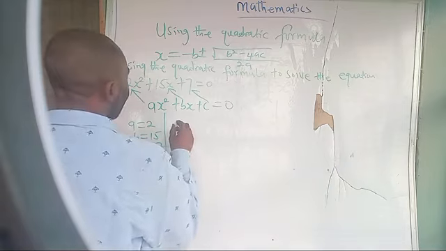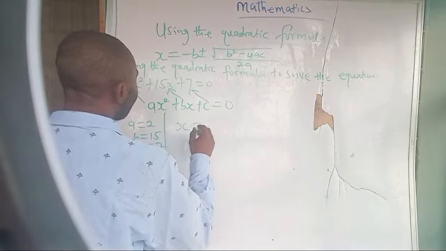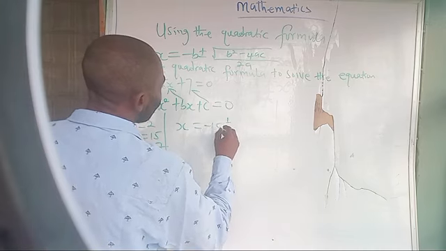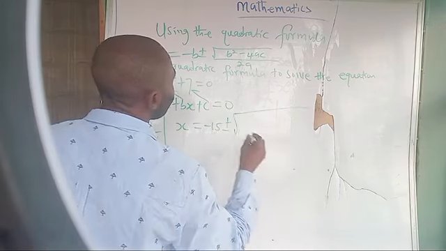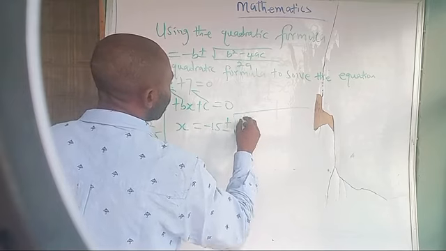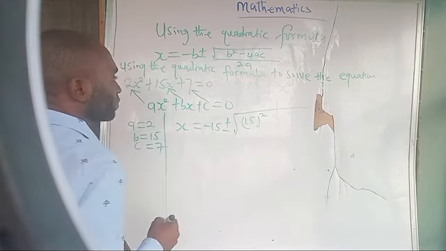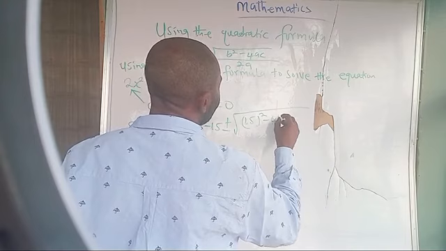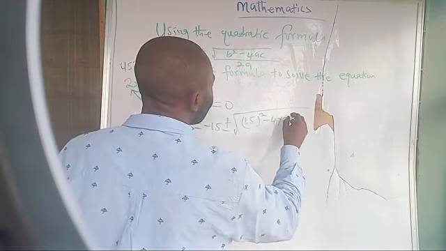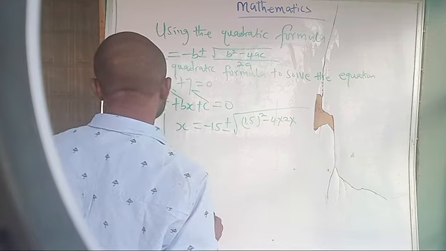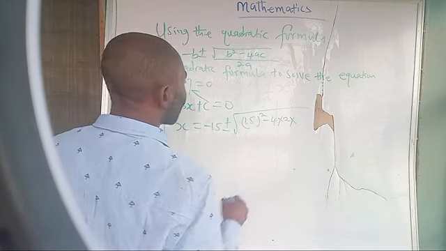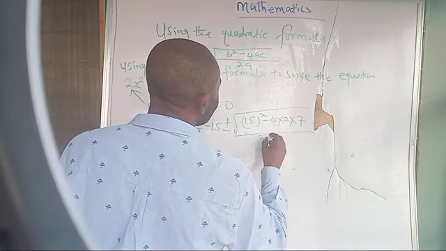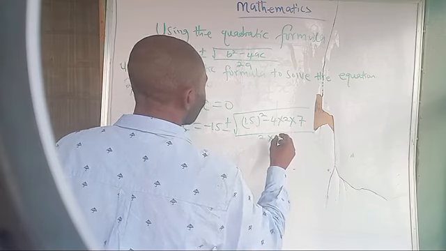So x is equal to minus 15 plus or minus the square root of 15 squared minus 4 times 2 times 7, all over 2 times 2.